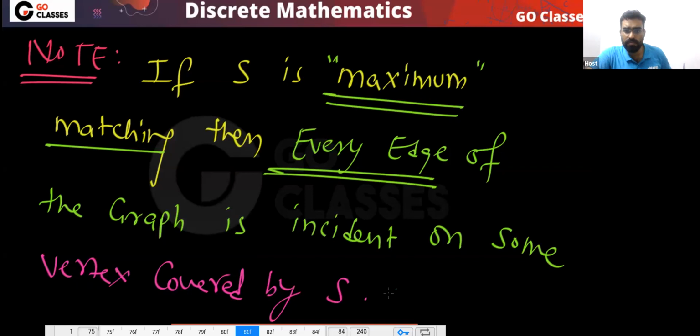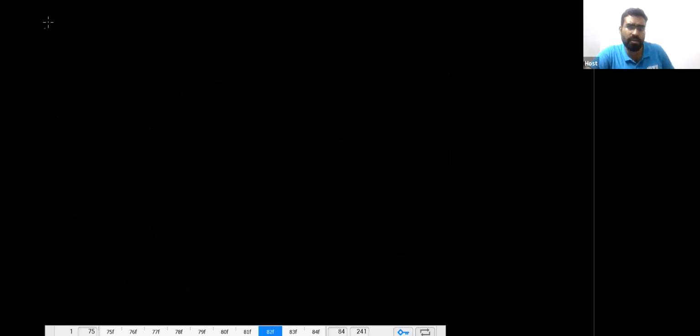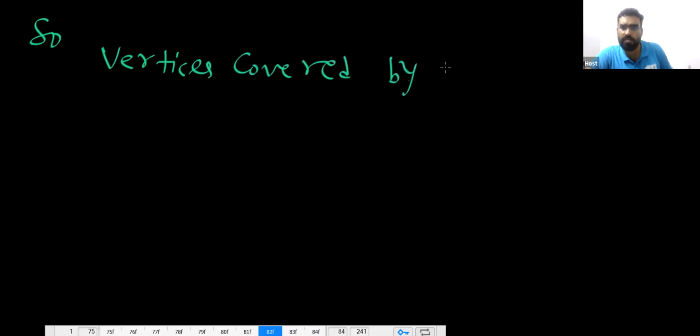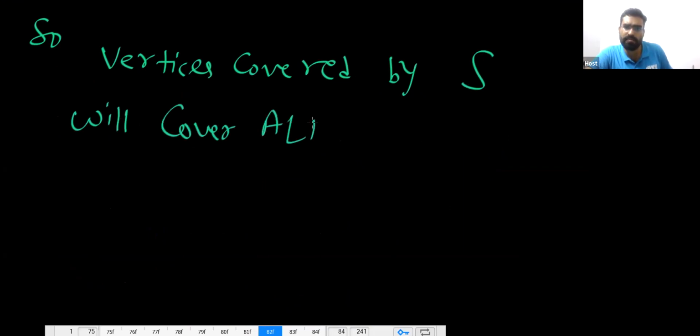So from here I can say that the vertices covered by S will cover all edges, isn't it?